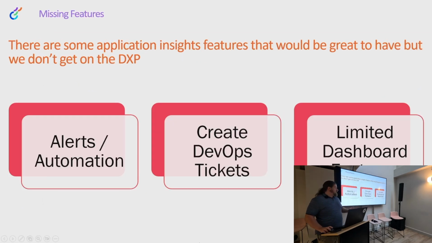Now here are the things that I think are missing and would be very useful. Maybe an enhanced DXP premium offering would be a cool thing to add in here. So we've got alerts and automation. One of the things that has always been limited is that alerts are a paid-for thing, so we have to be very reactive when it comes to looking at data. I know we can get the API keys for Application Insights, so you can build stuff, but there is an alerting section in Application Insights where, if metrics hit slow performance, etc., you get alerts.